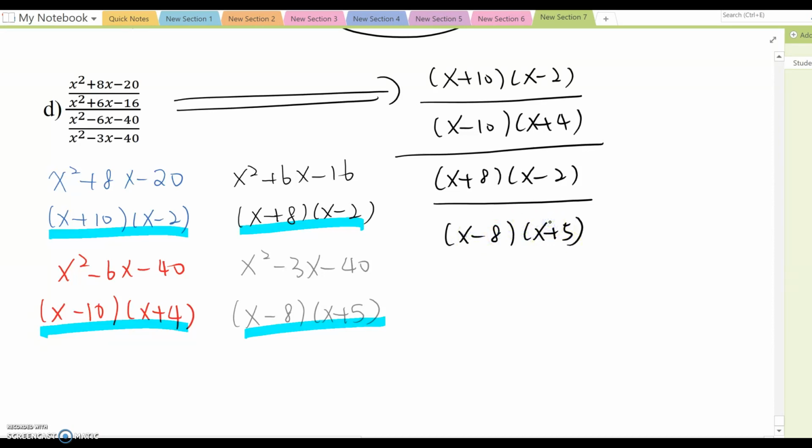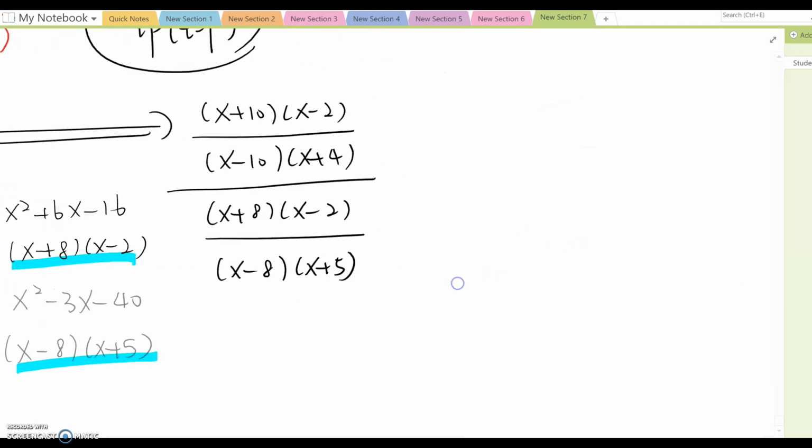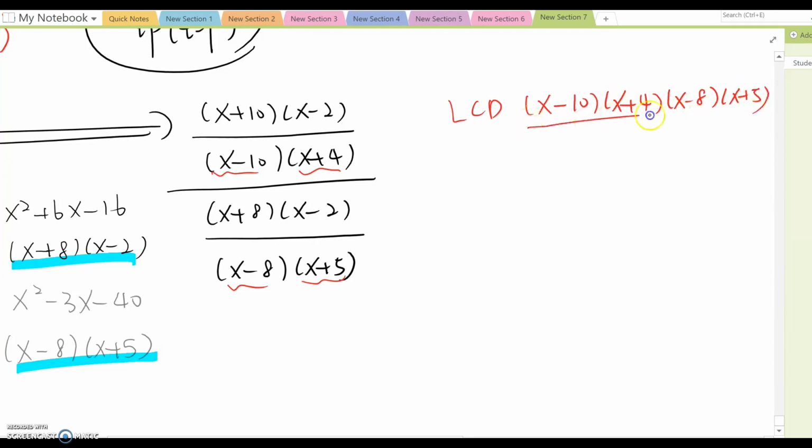Okay, there are many different ways to solve this problem, but I will use the LCD method. Since all factors are different, the LCD becomes (x minus 10)(x plus 4)(x minus 8)(x plus 5), and multiply this into each fraction.